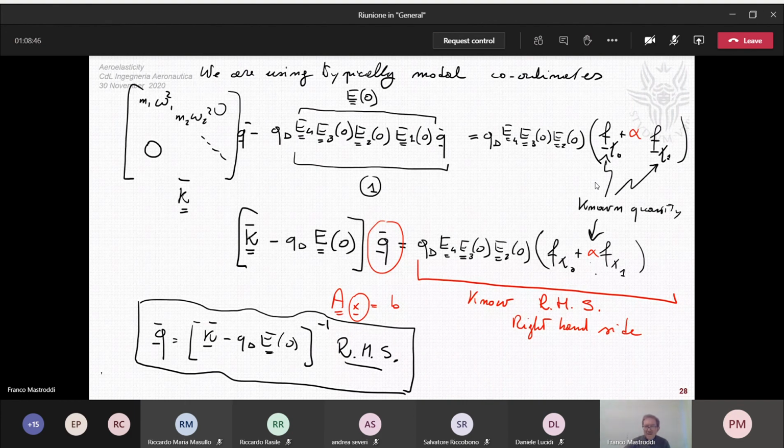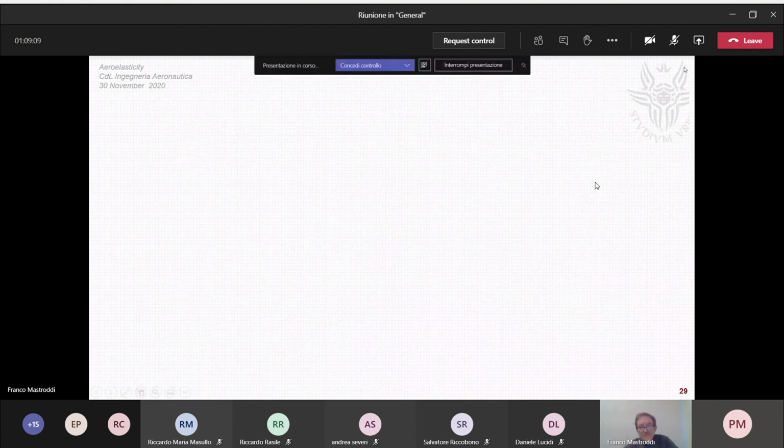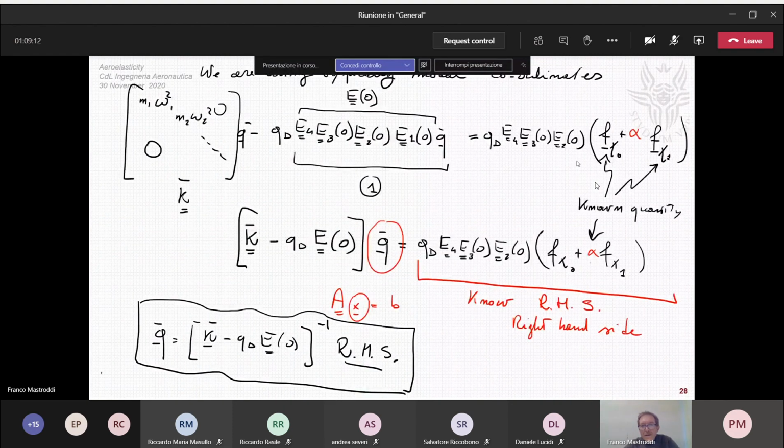Can this kind of solution, with a deformation at zero angle of attack, be justified or not? Do you have any answer to this question? Sorry, can you repeat the question?